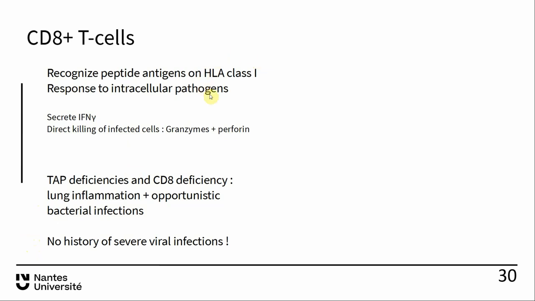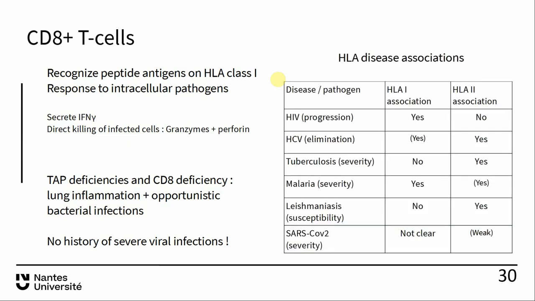Okay, so for the importance of CD4 and CD8 T cell responses for resistance to a particular type of infection, we don't just have information from the primary immunodeficiencies where rare mutations will have a quite significant effect. But we also have information coming from HLA disease associations.